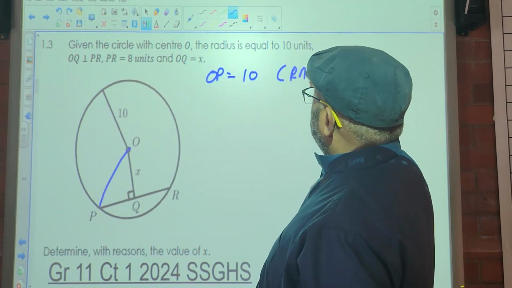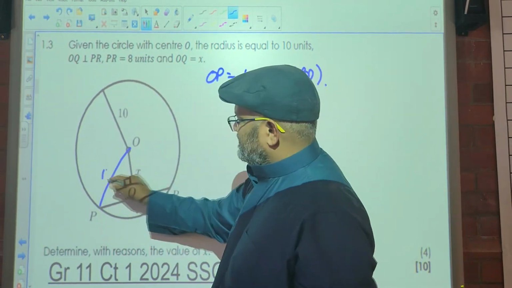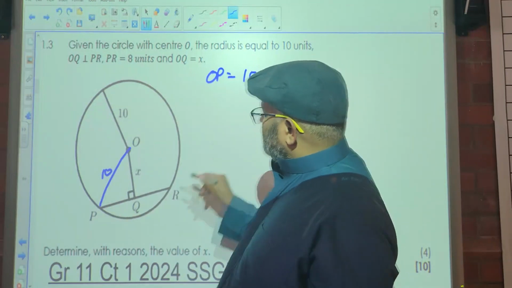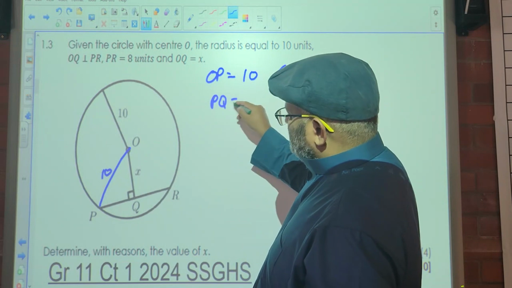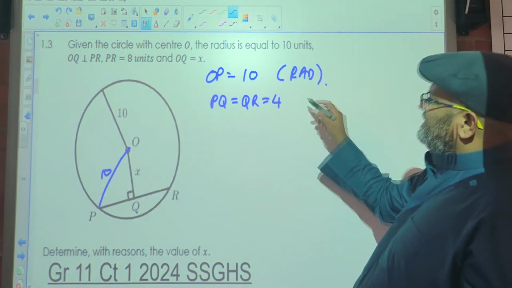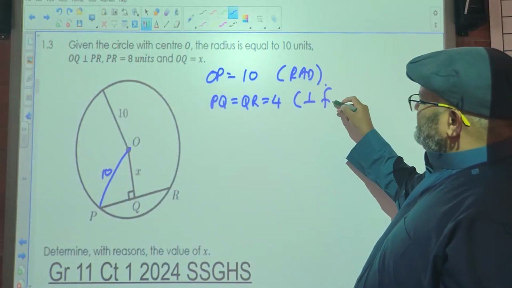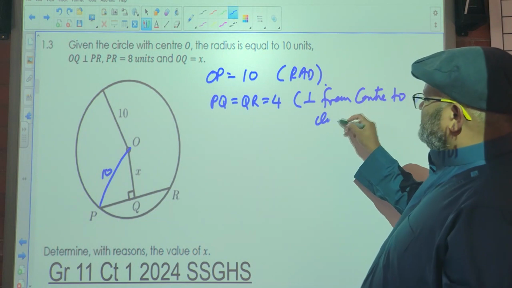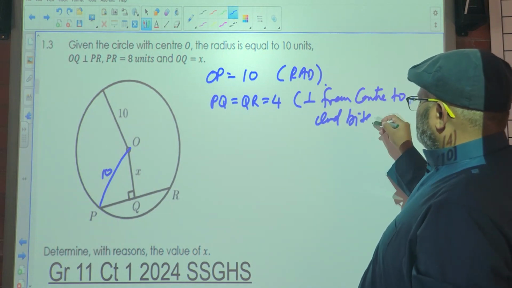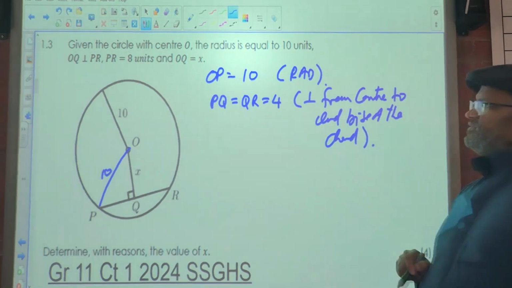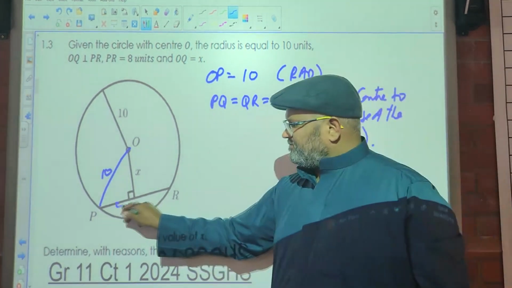Why? Radius. Then we are told that this is 8. So PQ is equal to QR, which is equal to 4. Why? Perpendicular from center to chord bisects the chord. Okay. So we have 4 here.